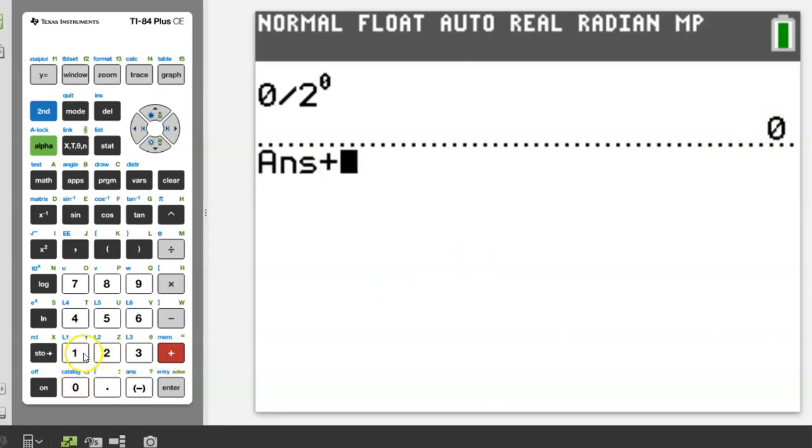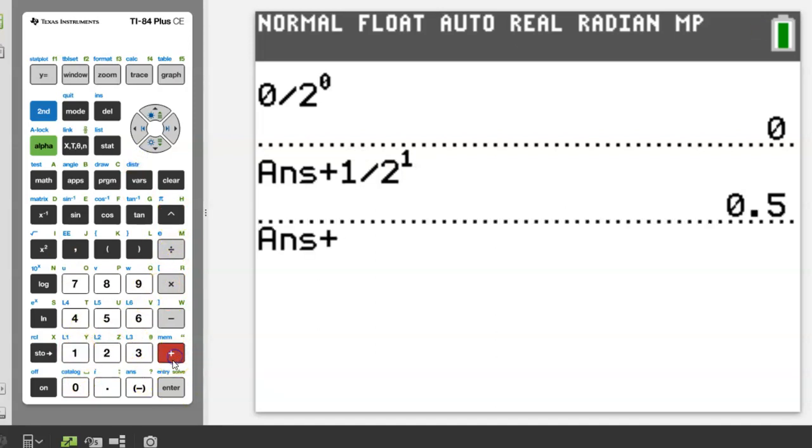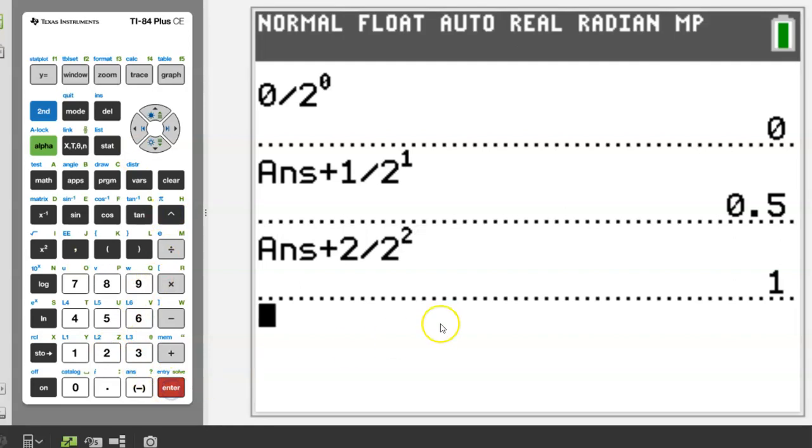And so now it will be 1 over 2 to the 1 plus 2 over 2 to the 2. Okay? And I want you to watch what's happening to these numbers and see if it seems to be approaching a certain value, or if you think it will keep going on and on forever without leveling off.